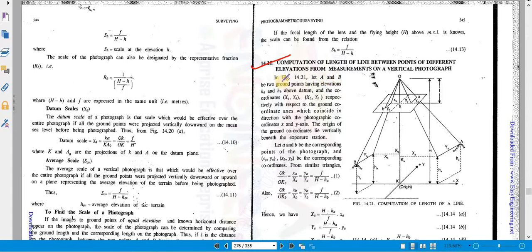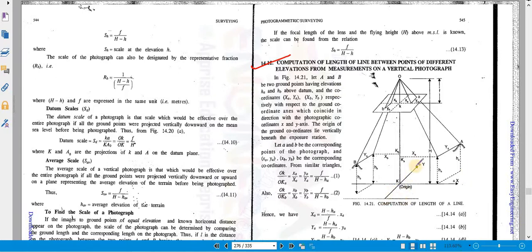Let A and B be two ground points having elevations HA and HB above the datum. As you can see, there are two points on the ground, point A and point B, at certain elevations from the mean sea level, with heights HA and HB.